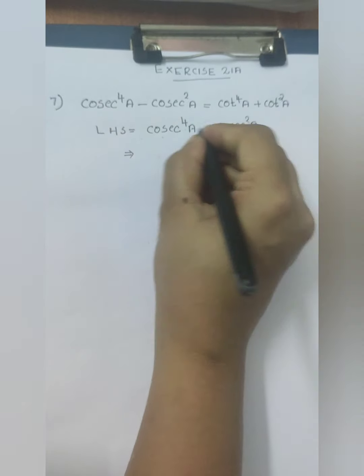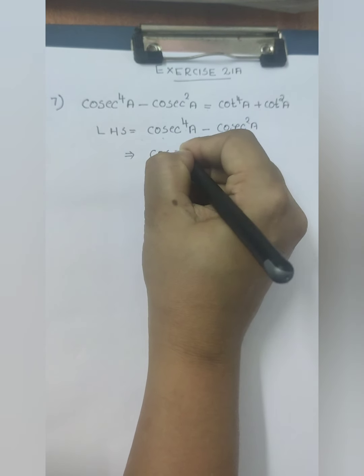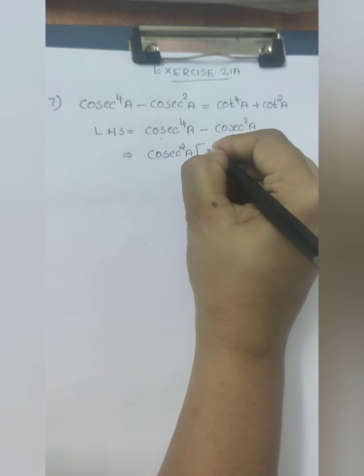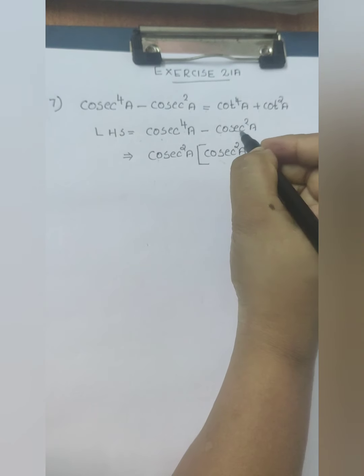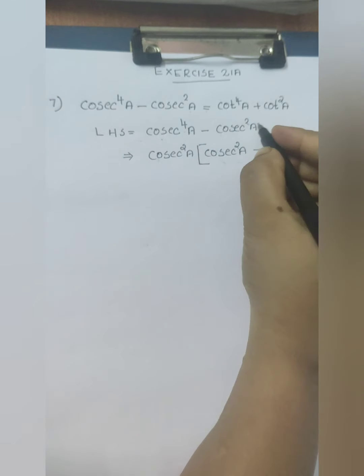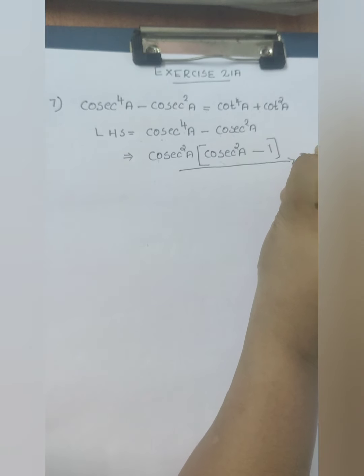In these two terms, we have cosec square a as a common factor. So take it outside. Cosec square a into cosec square a minus 1, the remaining term. This is equation number 1.